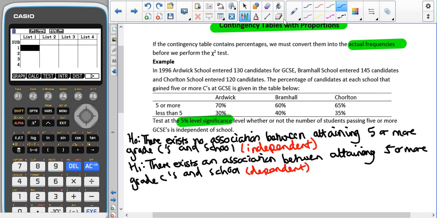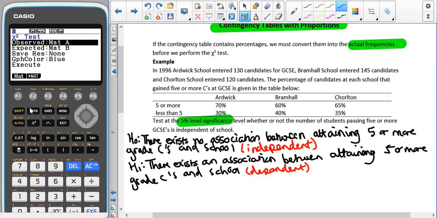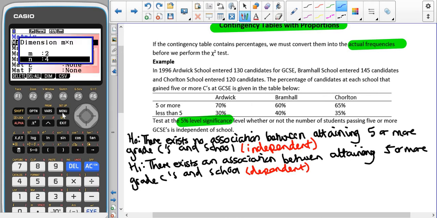So then we need to go into our graphical calculator. Remember that we go to test chi and we're putting it in the two-way table. Then we go to the arrow mat. This is a 2 by 3 because we've got 2 rows and 3 columns.